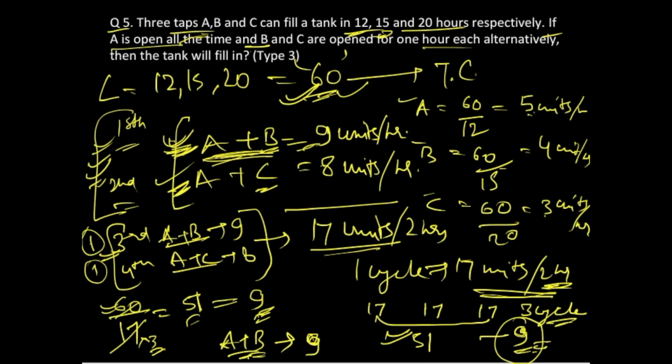So this remaining 9 units was filled by A plus B in the first hour of the next cycle. Each cycle consists of 2 hours, so these 3 cycles are going to make 6 hours, and for the remaining 9 units A plus B would work for 1 hour again. So in total, after 7 hours, the total capacity of the tank gets filled.